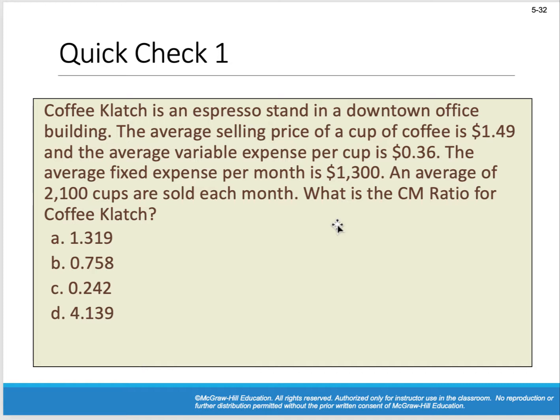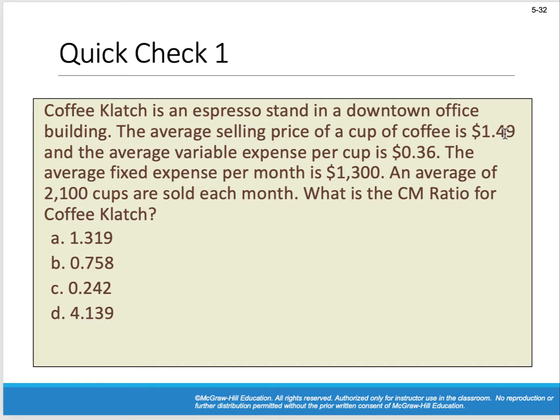Okay, so we have an average of 2,100 cups of coffee being sold each month. What's our CM ratio? Well, it's very easy. Our selling price per cup of coffee is $1.49. Hopefully you see it right here.